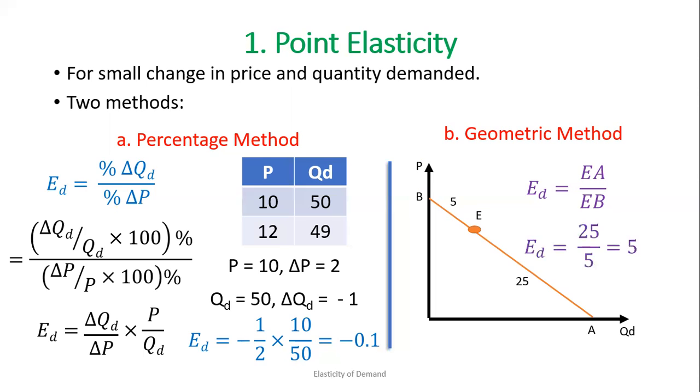Let's suppose that EA equals 25 centimeters and EB equals 5 centimeters. So elasticity of demand at this point will be equal to 5. Remember, elasticity of demand has no unit with it.